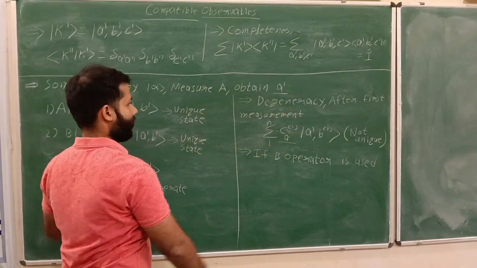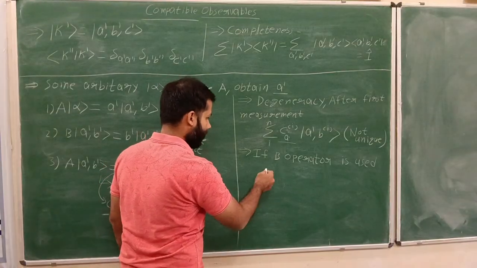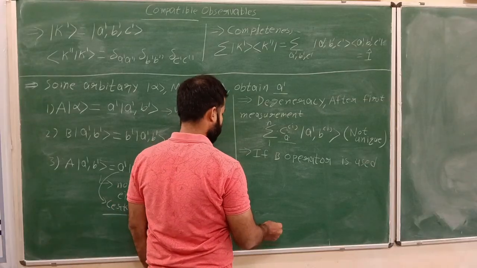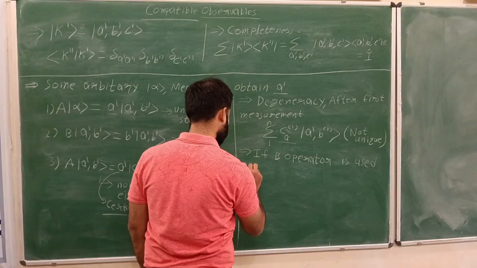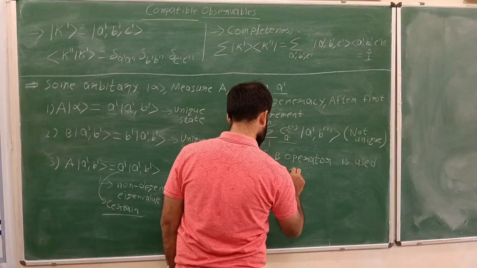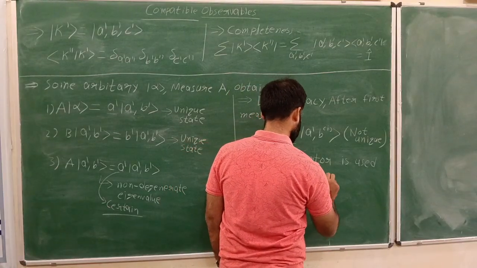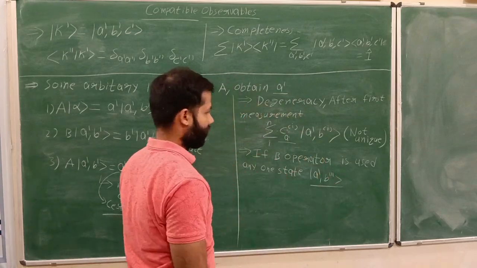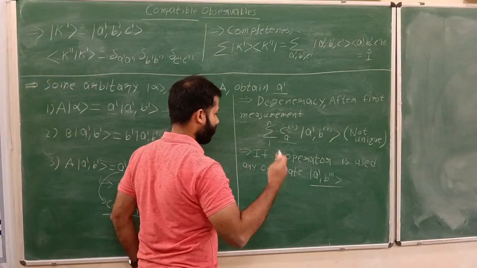Suppose of this linear combination there will be multiple states, and if I measure with operator B it will select any one. So this state is selected by operator B. There were many states, and operator B took any one out.